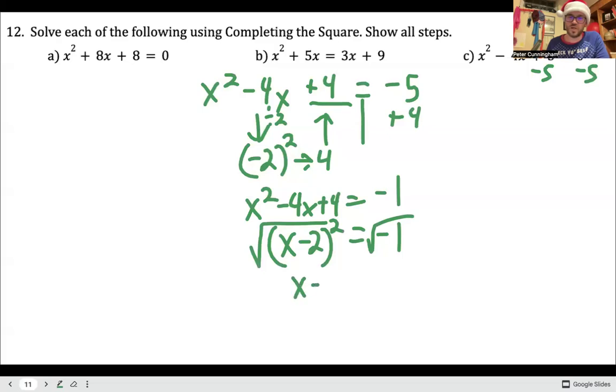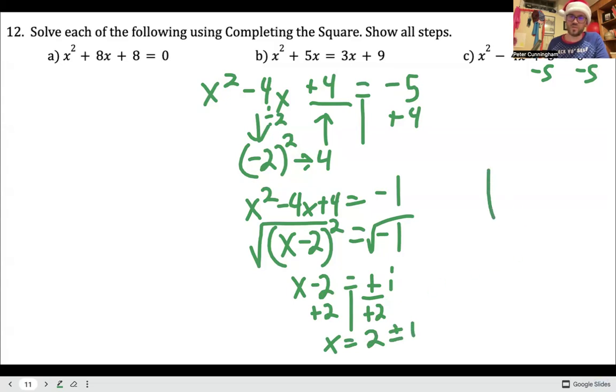So x minus 2 is going to be equal to positive and negative i. Okay, so add 2 to both sides, and your answer should be x equals 2 plus and minus i.